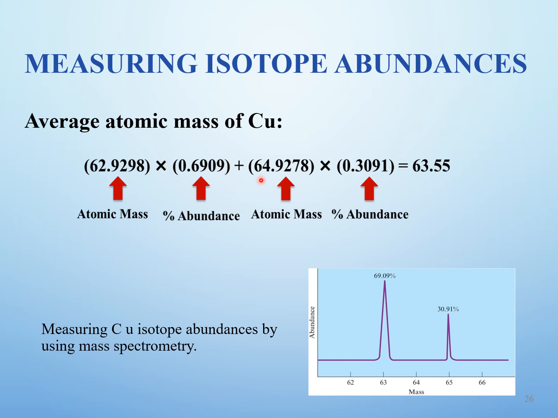And then this is the AMU for the second isotope, which is close to 65, and the abundance of the second isotope, which is 30.91%, so we write it as 0.3091 as a fraction, so you get an answer of 63.55. And if we did mass spectrometry of copper isotopes, you shot copper in and you see the sample, 69% of it is going to be around a 63 mass, and then about 30% of it is going to be at 65 AMU.